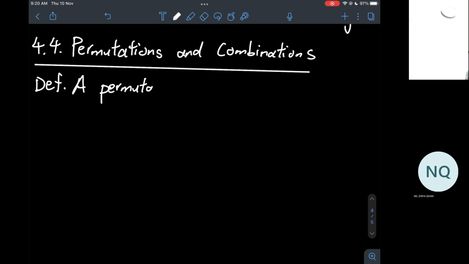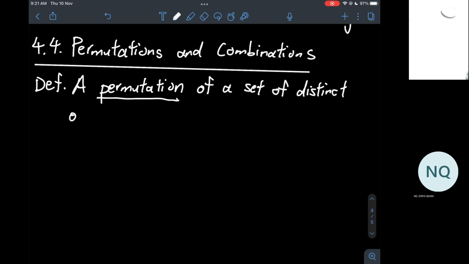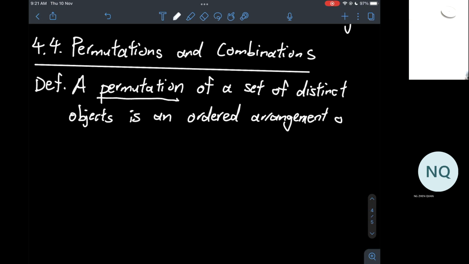In permutation, we care about order. A permutation of a set of distinct elements, distinct objects, is an ordered arrangement of these objects.